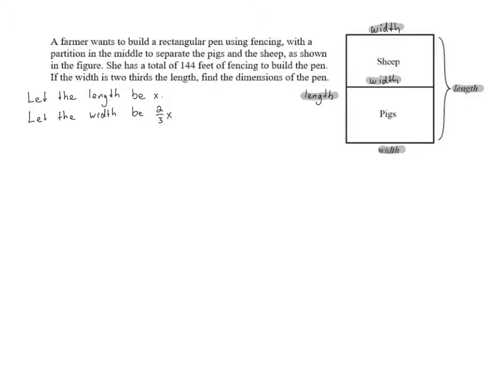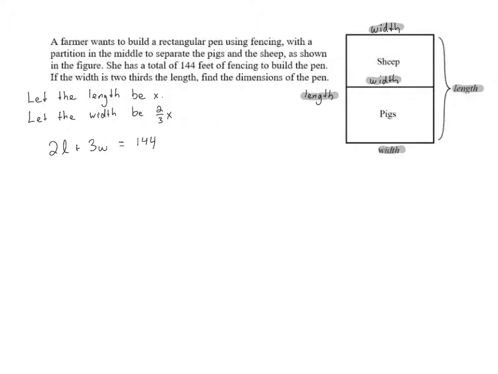So instead of 2 times the length plus 2 times the width, we're going to have 2 times the length plus 3 times the width, because there are 3 different parts of the fence that go across the width of that pen. So we're going to have 2 times the length plus 3 times the width, and that's going to end up being the total amount of fencing, which we know is 144 feet.